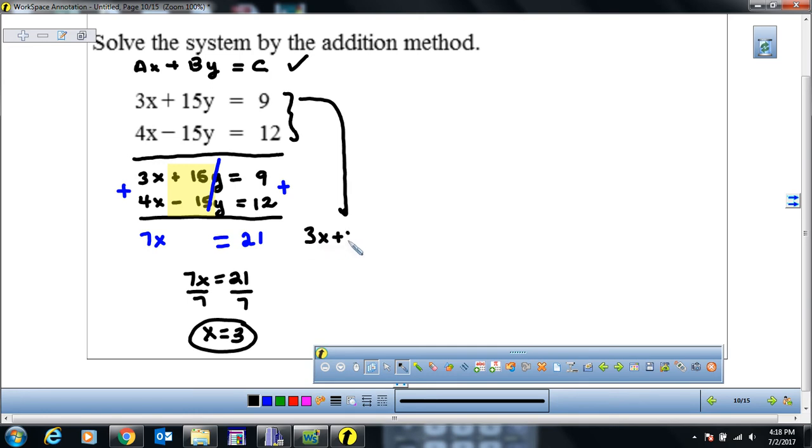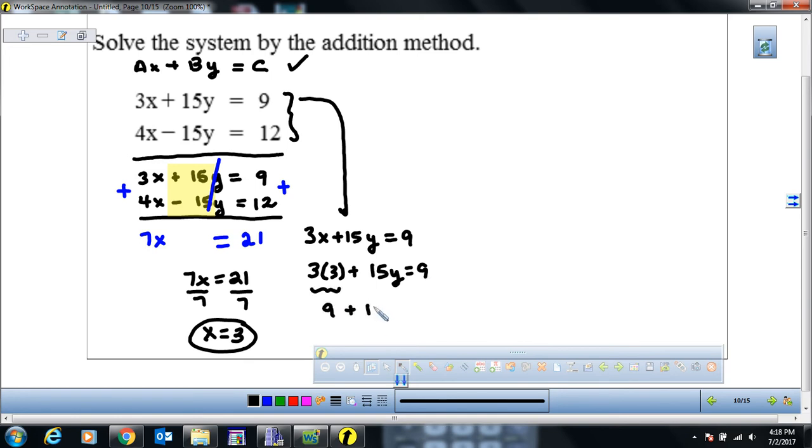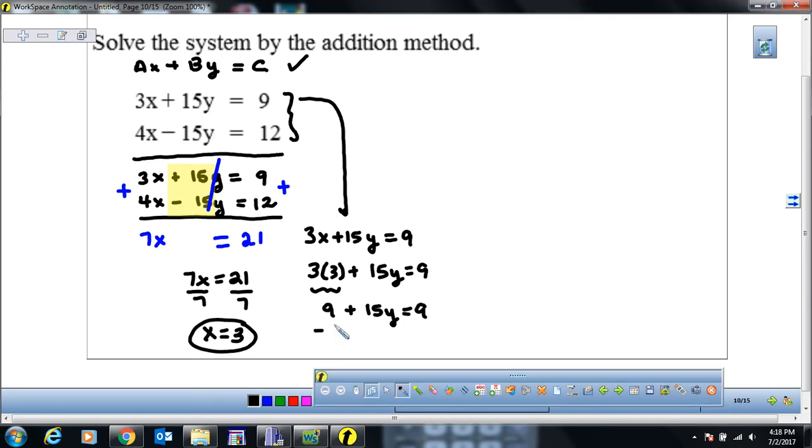3x plus 15y equals 9. We already know that x is equal to 3, so I'm going to replace the x with the 3 in this equation. So that gives me 3 times 3, which is 9, plus 15y equals 9. Subtract the 9 from both sides. That gives me 15y equals 0.